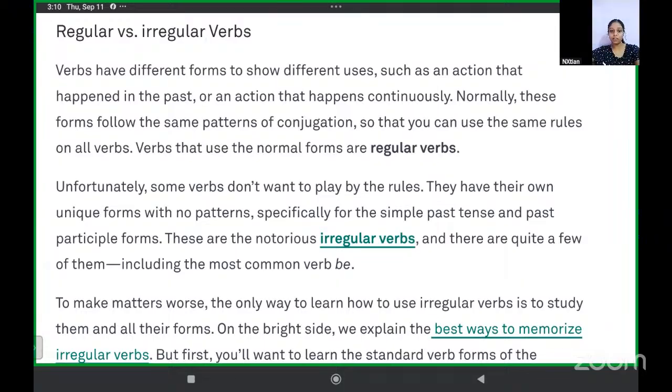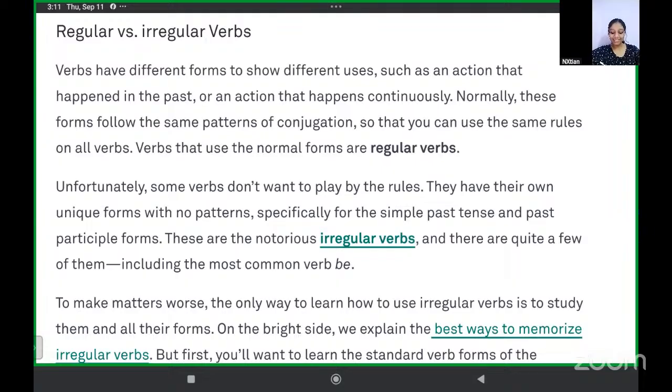Unfortunately, some verbs don't want to play by the rules. They have their own unique forms with no patterns, specifically for the simple past tense and past participle forms. These are the notorious irregular verbs, and there are quite a few of them, including the most common verb be.